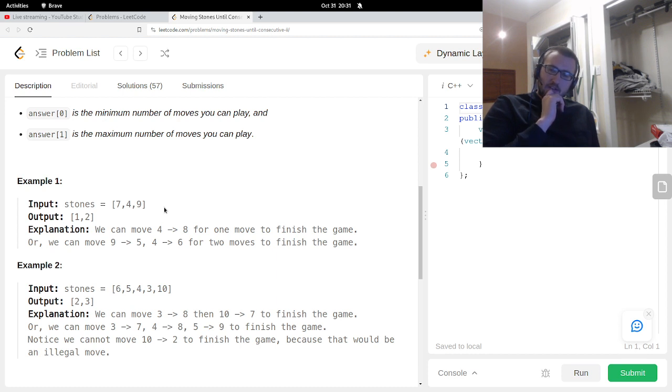Basically, you want to maximize with each move the average number of spots in between that you remove. With each move, you're basically just bringing your numbers closer together.